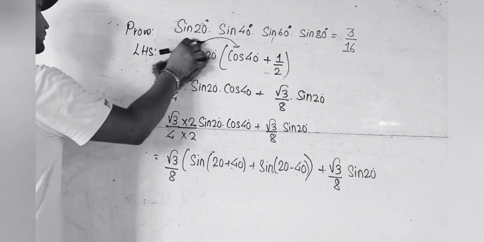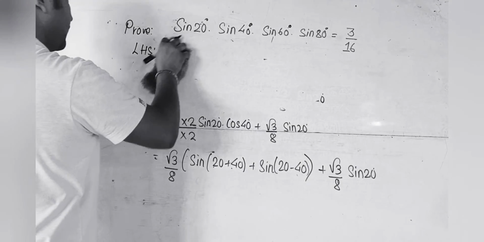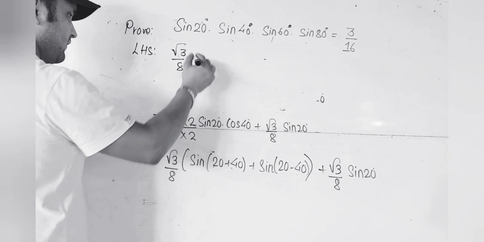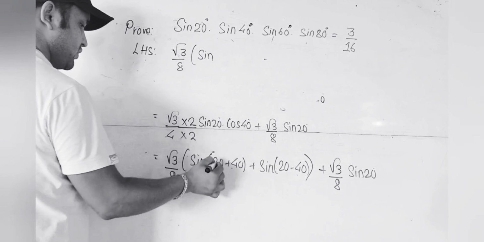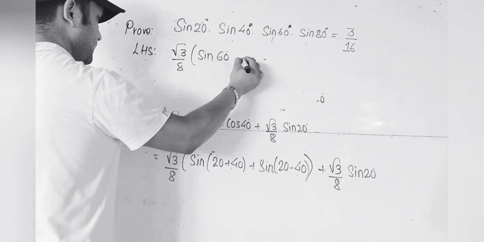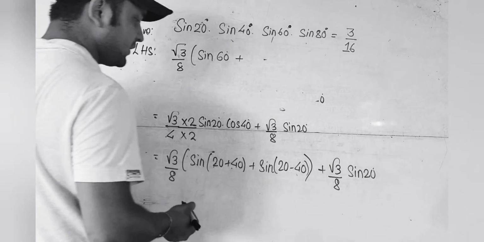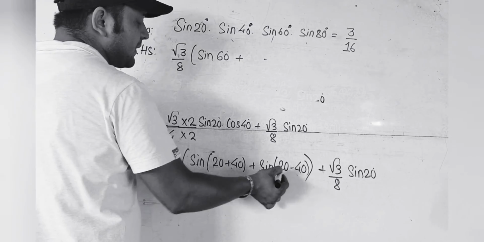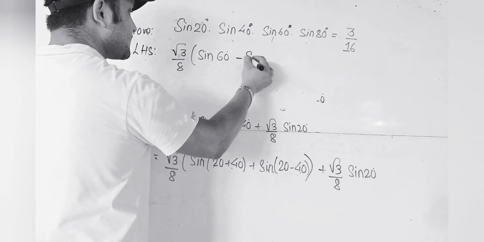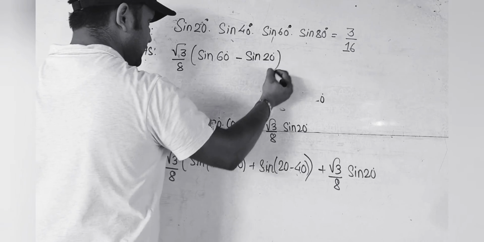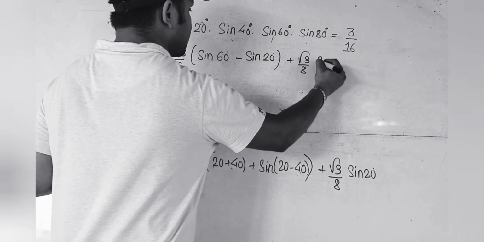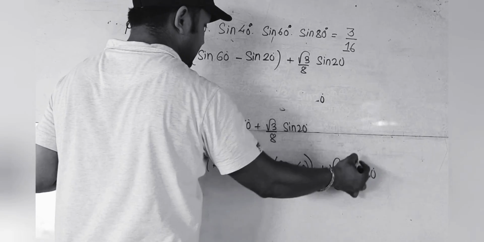Now we are about to reach the end. Root 3 by 8, you have sine(20 plus 40) as sine 60, plus sine(20 minus 40), which is sine minus 20. Sine minus 20 is minus sine 20, plus root 3 by 8 sine 20 degree here.